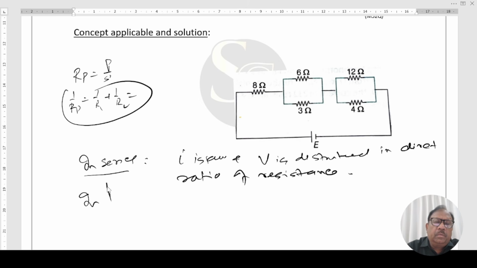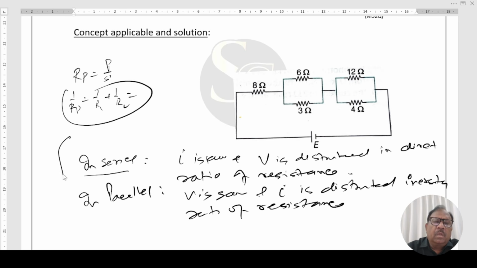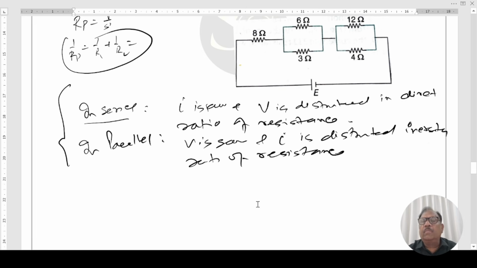In parallel, V is same and I is distributed in inverse ratio of resistance. These concepts are applicable here.